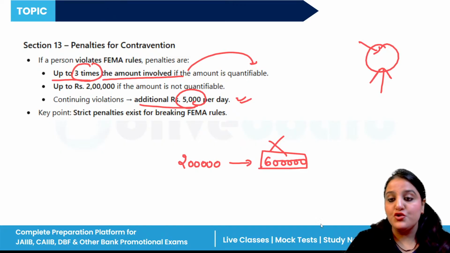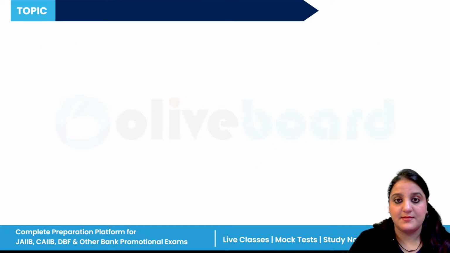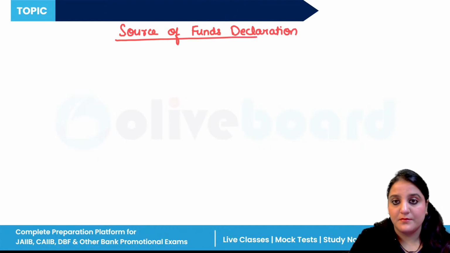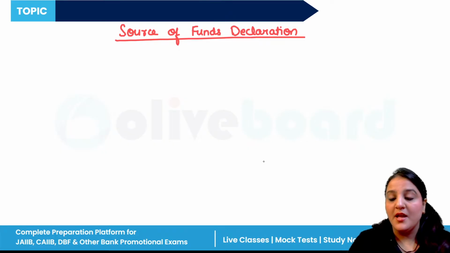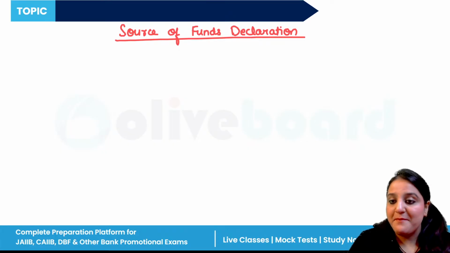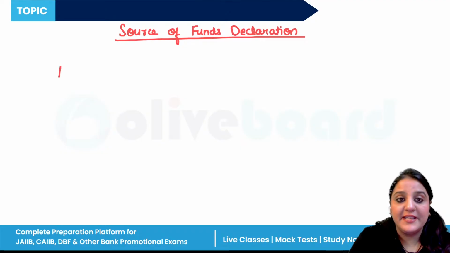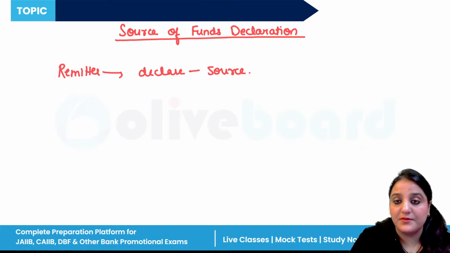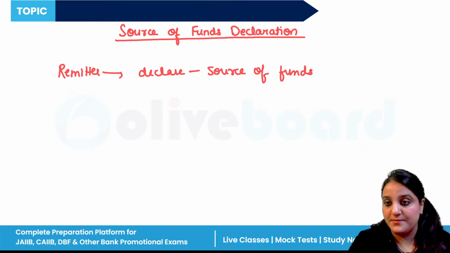Now, source of funds declaration means the remitter has to declare what the sources of funds are.